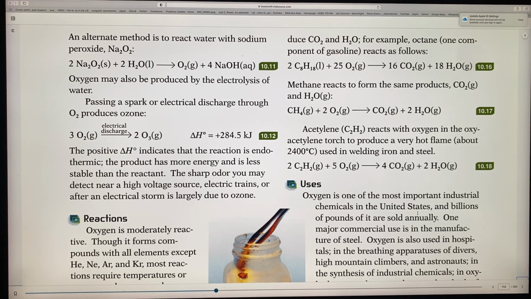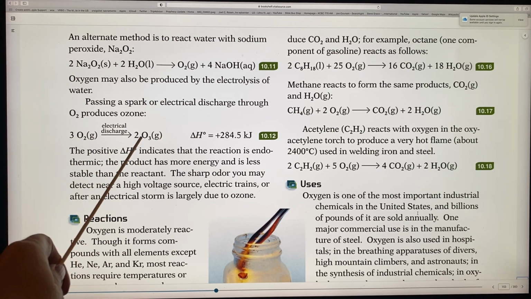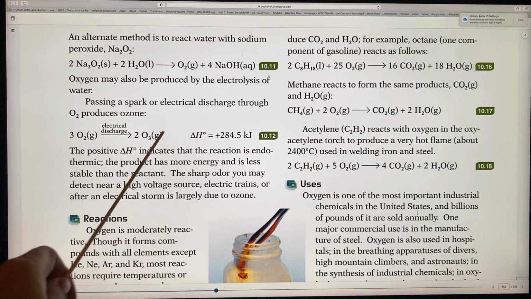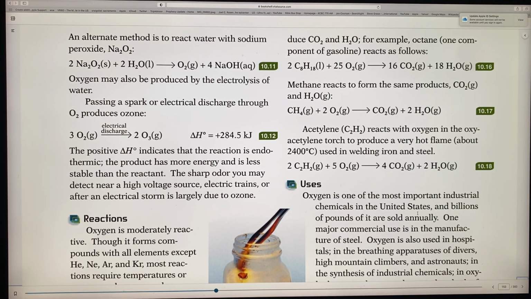This actually happens in the air too, but it needs 284.5 kilojoules of energy. So the positive delta H indicates that the reaction is endothermic. The product has more energy and is less stable than the reactant.